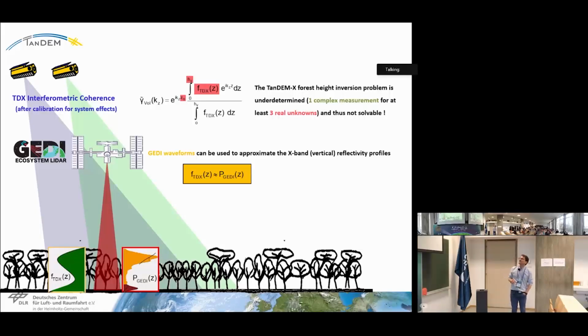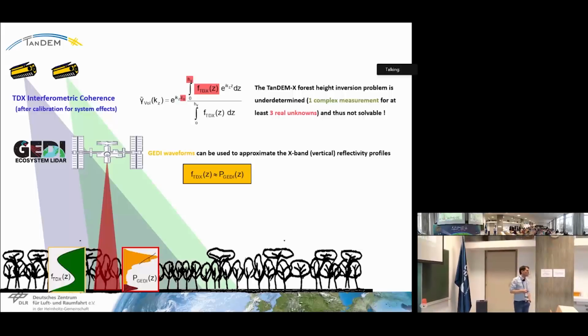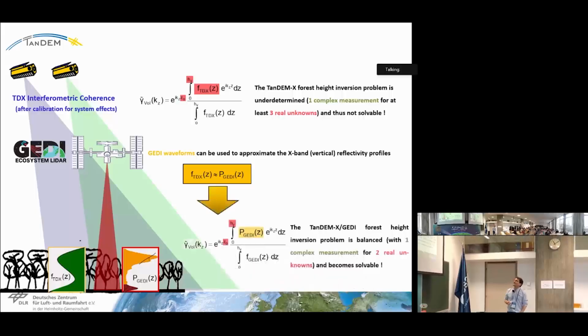Therefore at this point, you parameterize in one shot the vertical reflectivity function in this equation. It's true that you don't know the topography, but then you just take the absolute value of it. If you take the absolute value of it, the topography goes away. Therefore, you parameterize the vertical reflectivity function, and the only unknown is here the height.